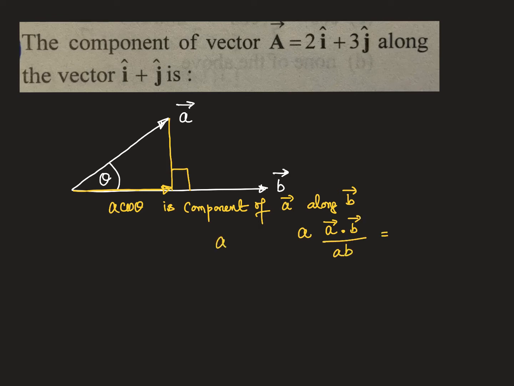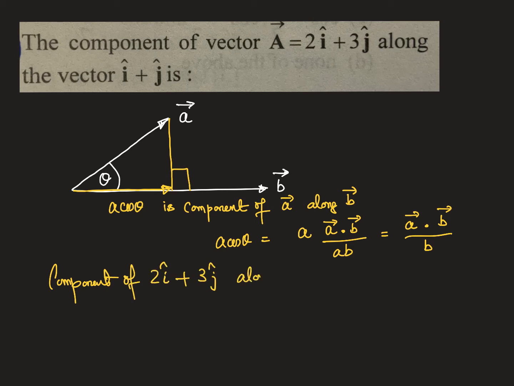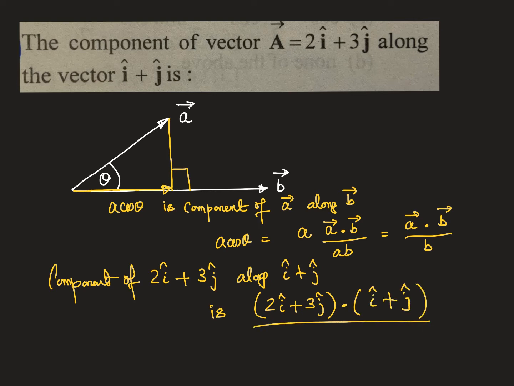So A cos theta is A dot B divided by the magnitude of B. Similarly here, the component of vector 2i plus 3j along i plus j is the dot product (2i plus 3j) dot (i plus j) divided by mod of i plus j.